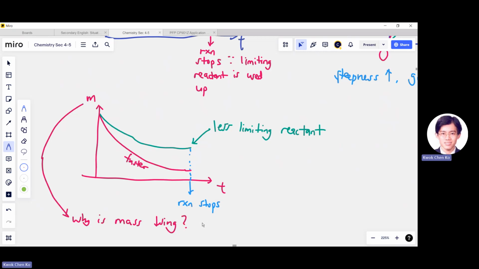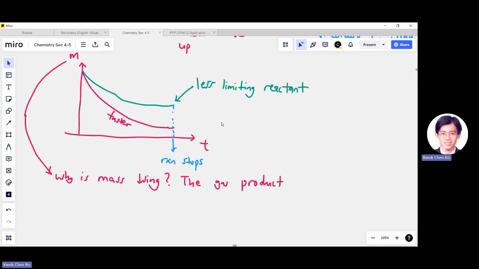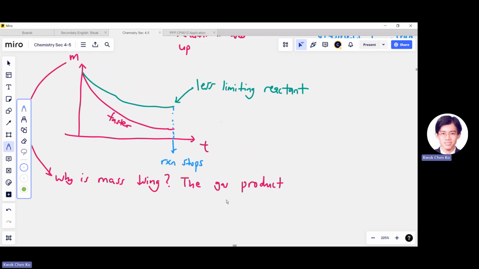Actually, you're right, it's the effervescence. The gas product escapes from the flask. That's exactly it. So it's not captured by the weighing balance anymore. When it is already formed, it has already escaped.